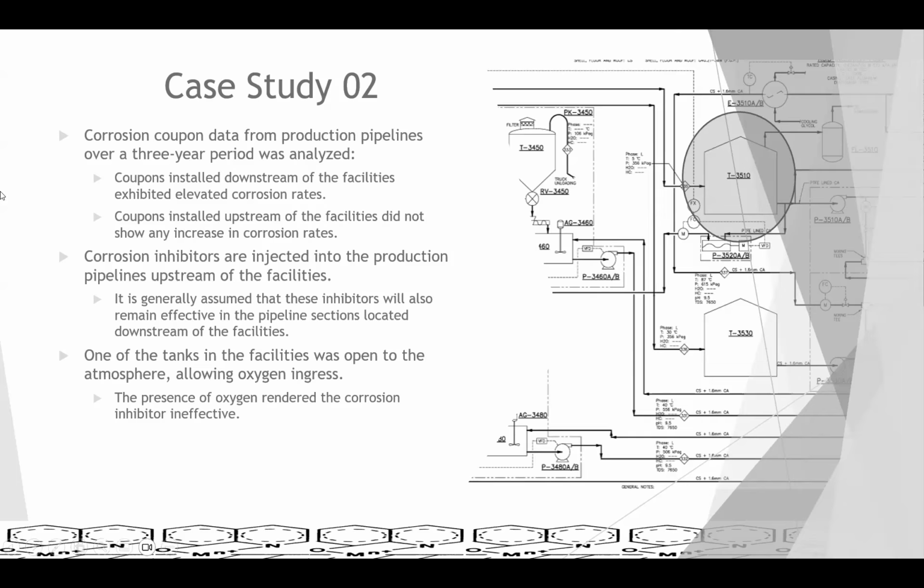As a consequence, it was not effective in the downstream, but since the inhibitor was applied upstream, the roof issue in this particular tank did not affect the performance of the inhibitor in the upstream section. But in the downstream section, after the tank, because of oxygen ingress, the corrosion inhibitor became ineffective.